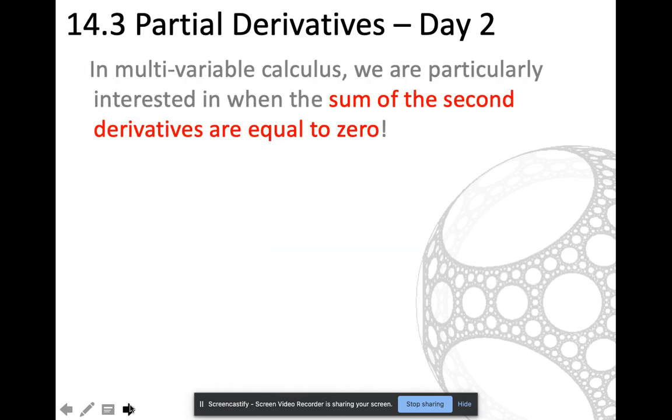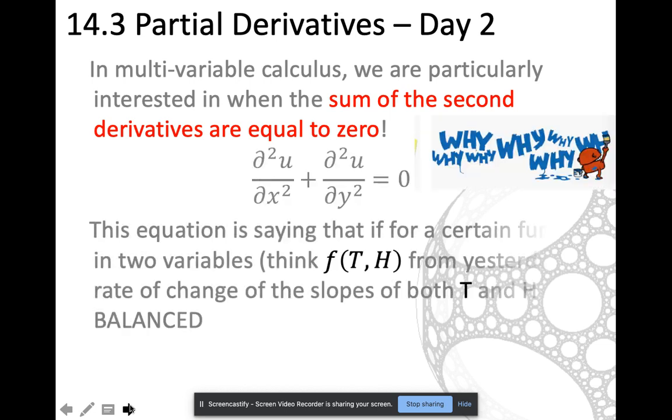So what the heck? And actually, in multivariable, not only are we interested in finding second derivatives, but where the sum of the partials are equal to 0, that's something that we call steady state.